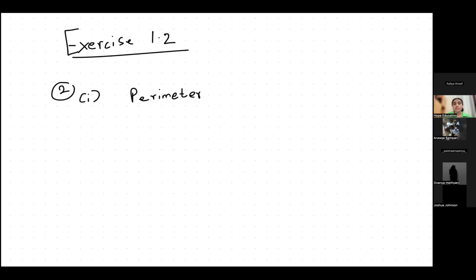Perimeter equals theta over 360 multiplied by 2 pi r plus 2r. Now this is the general formula for perimeter.